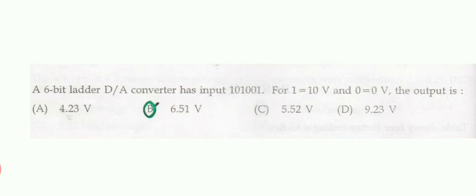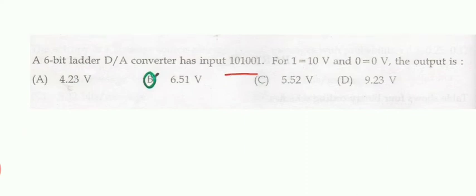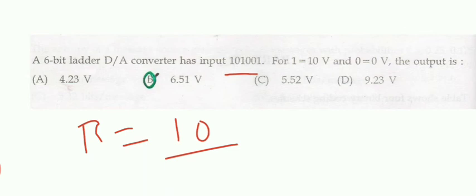So again, for any problems like this, I told, for any bit, how can you find the equivalent analog value? You find resolution, multiply by the total value. So what is the resolution here? R is equal to V reference by 2 power n. So V reference is for maximum 10, minimum 0.